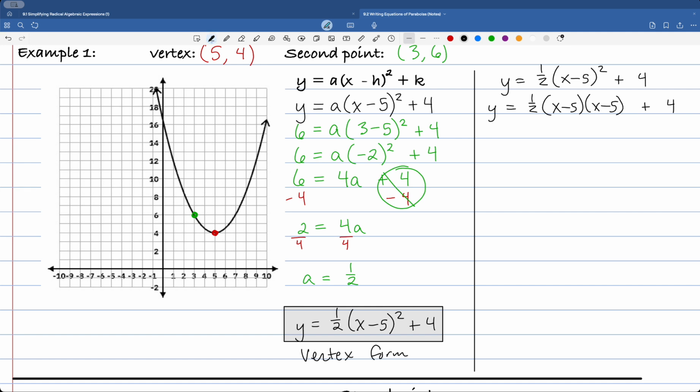Then we're going to FOIL the parentheses. So y equals 1/2 of x squared minus 5x minus 5x plus 25, plus 4.